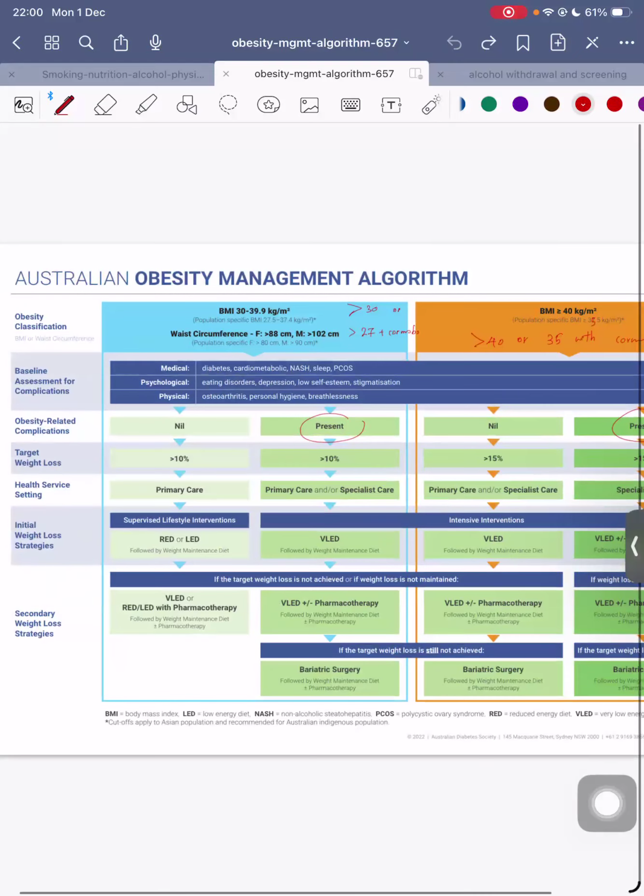Here, the same thing. The first part, BMI is more than 30, or BMI is more than 27 with comorbidities. Okay, remember this.